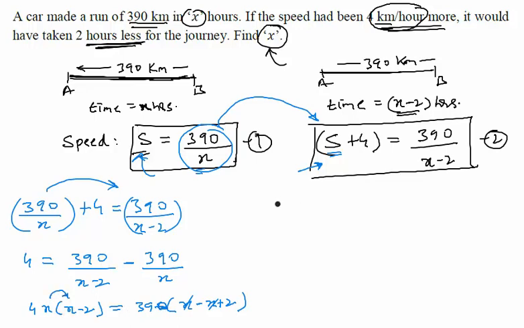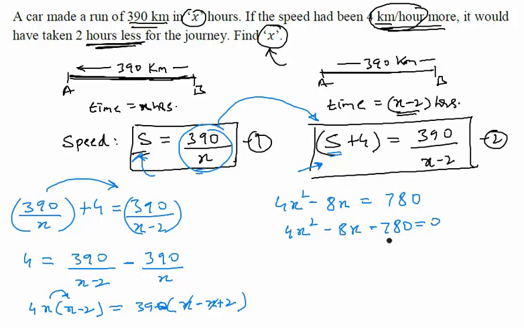If you continue solving this, you will get 4x square minus 8x is equal to 390 into 2, that is 780. This is our equation. Let us take everything on the same side. So we will get the quadratic equation 4x square minus 8x minus 780 equal to 0.